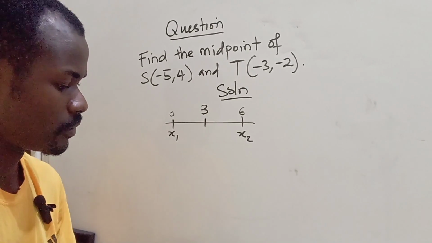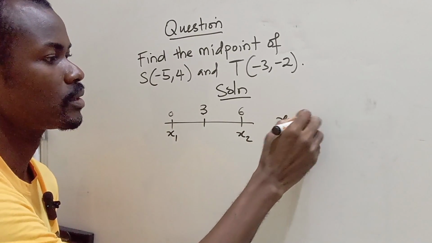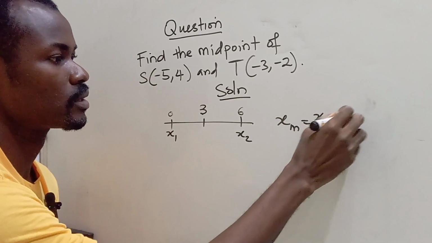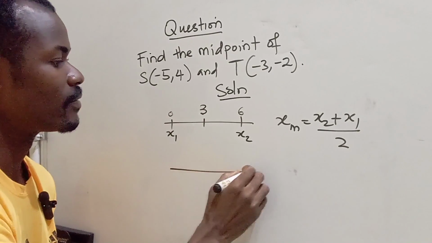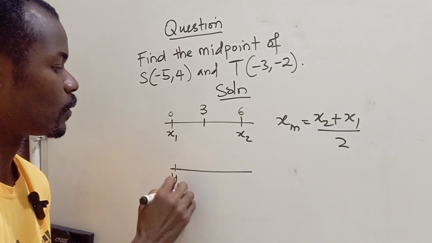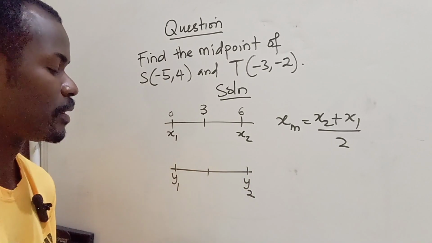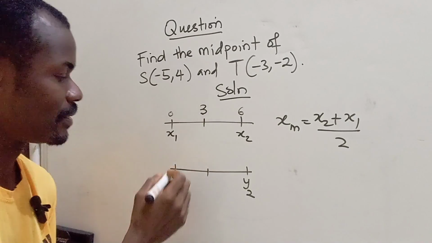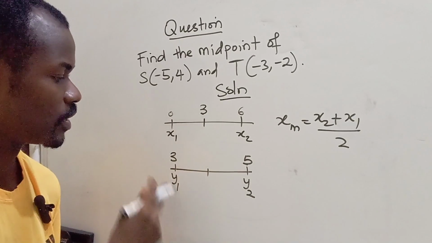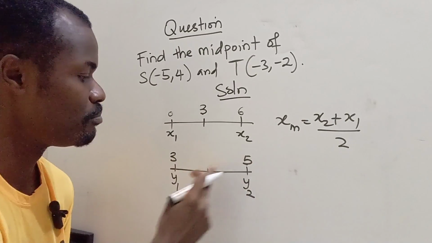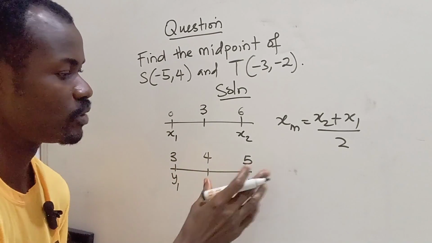What about another line for y1 and y2? Remember, x midpoint was x2 plus x1 divided by 2. Let's say this is y1 and this is y2, and this is our midpoint. If y1 is 3 and y2 is 5, between 3 and 5 the midpoint should be 4. Let's confirm it with the formula.